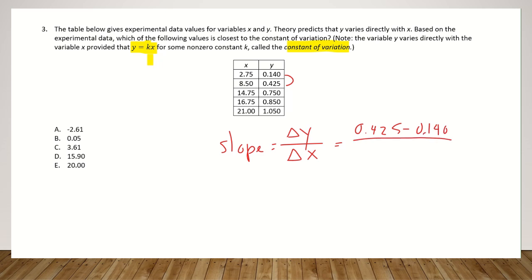And then for the bottom, you pick the corresponding x values and subtract them to find the change in x. So our change in y over our change in x. Okay, we can divide those numbers in the calculator and we get 0.0495. And of course the question asks which one is closest to, so that would be B.